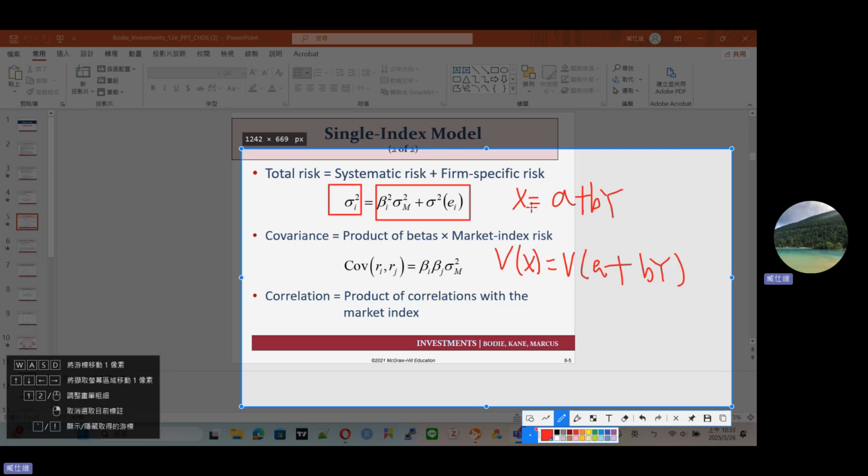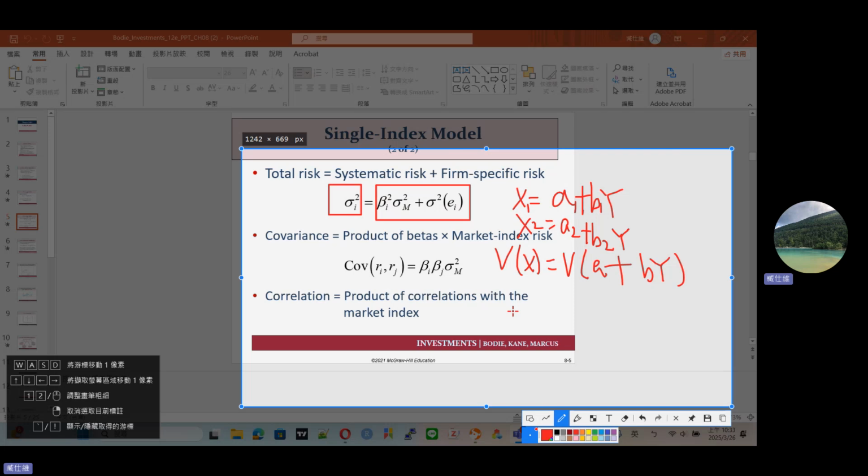But what if we have two variables? Suppose we have x1 equals a1 plus b1y, and x2 is equal to a2 plus b2y.